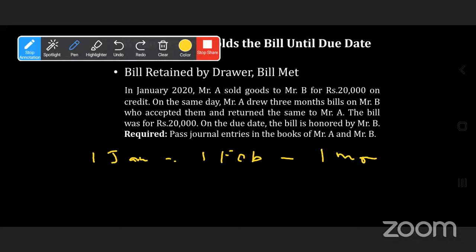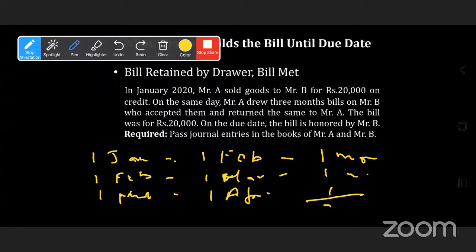Next, 1st February to 1st March, 1 month. 1st March to 1st April, 1 month. 3 months.